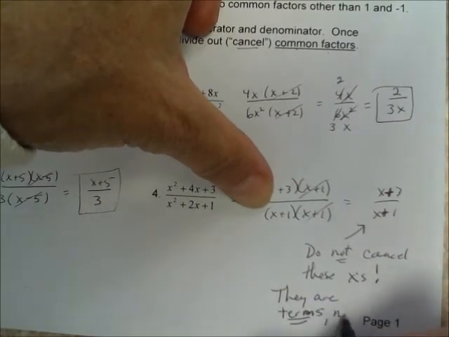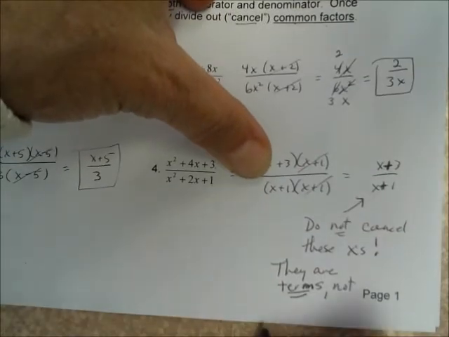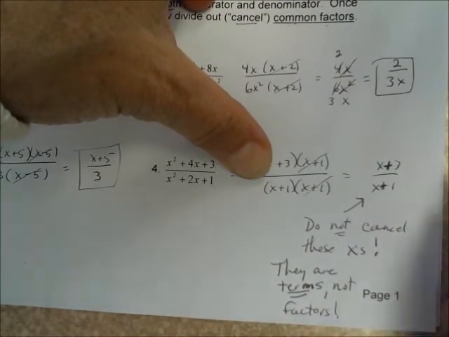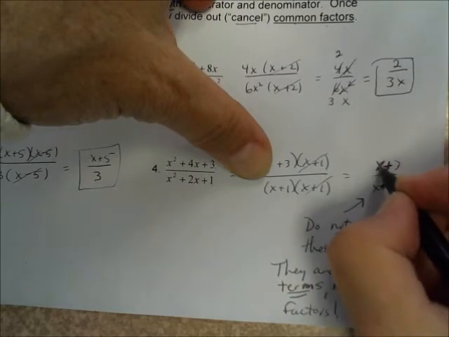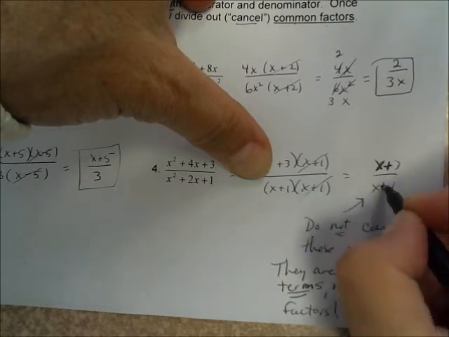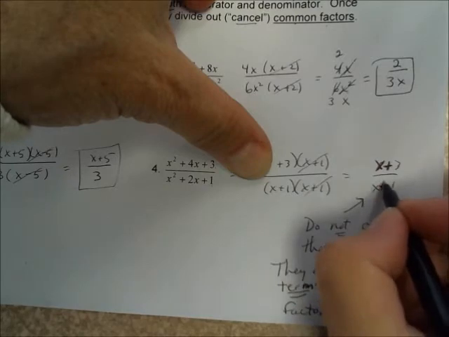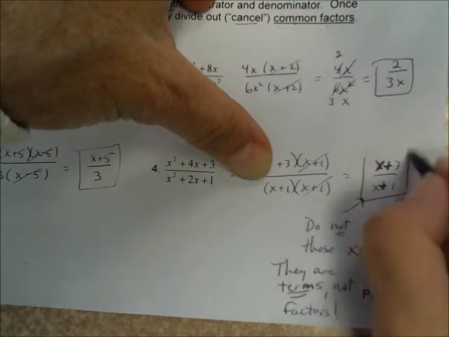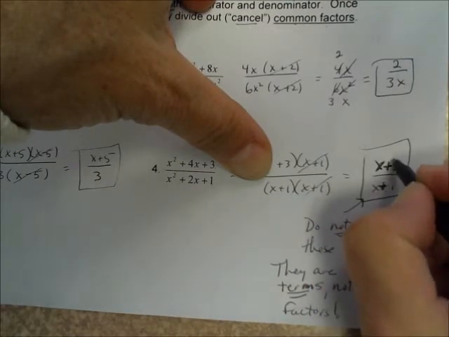So that's a real danger here. Some people just like to cancel everything that they can see that's the same on the top and the bottom, but please do not cancel anything with a plus or a minus in between those numbers. So there's your final answer, x plus 3 over x plus 1.